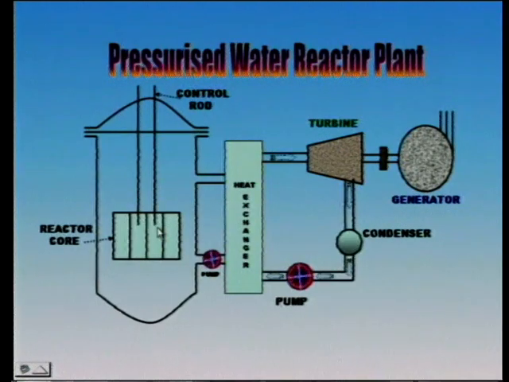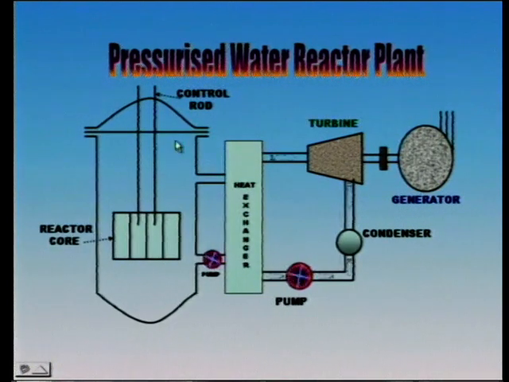So, the water carries the heat that is generated in the reactor core and it flows through the heat exchanger. In the heat exchanger, the heat is transferred from this water to the water which gets converted into steam and it flows through the turbine and back to the heat exchanger.